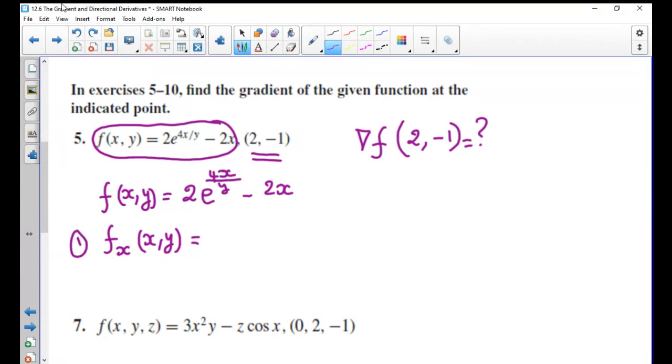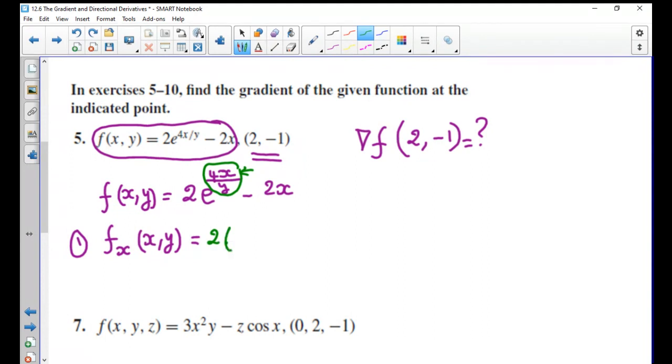So you need basically the derivative of this. What is the derivative of this with respect to x? So it will be 2 multiplied by the derivative of this thing here with respect to x. What do you think that derivative will be? 4 over y.